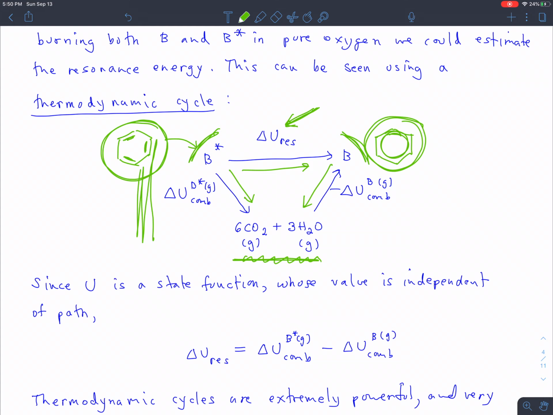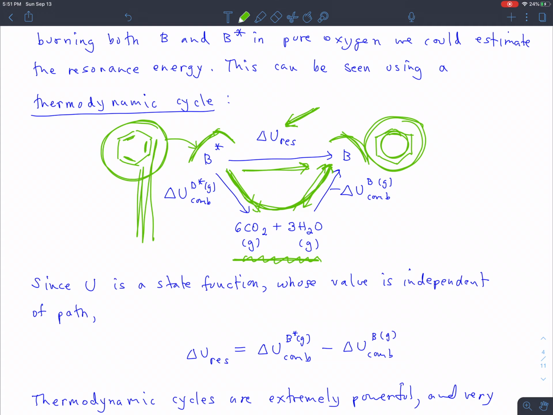And then we say that path doesn't matter in thermodynamics for a state function like energy. So whether we go straight across, converting B star into B, or whether we go by this other route where first we burn the B star and then we anti-burn the carbon dioxide and water to form benzene, it doesn't matter. We'll get the same energy both ways.